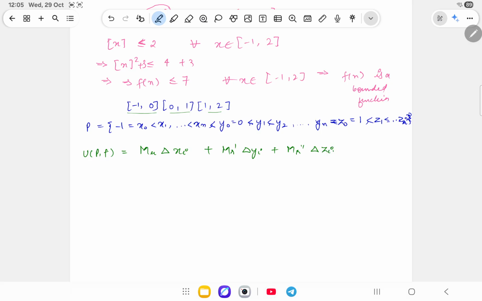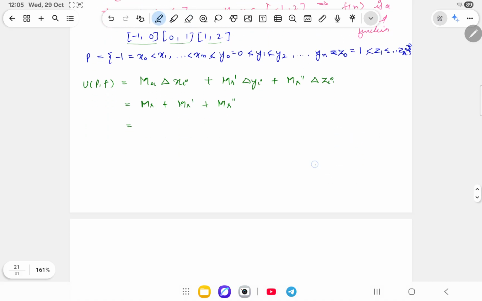Now the size of each interval is 1 only, so it will be equal to M_r plus M_r' plus M_r'', and the greatest value the function can attain in this interval, if x lies in between this interval, is this. Let me just write my function f(x) only.